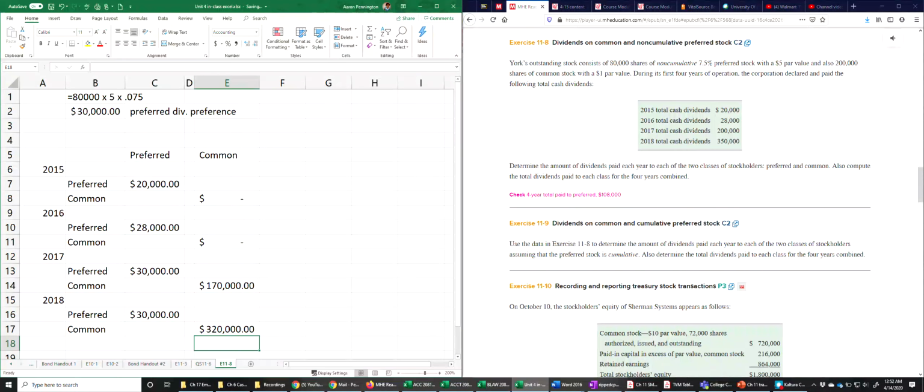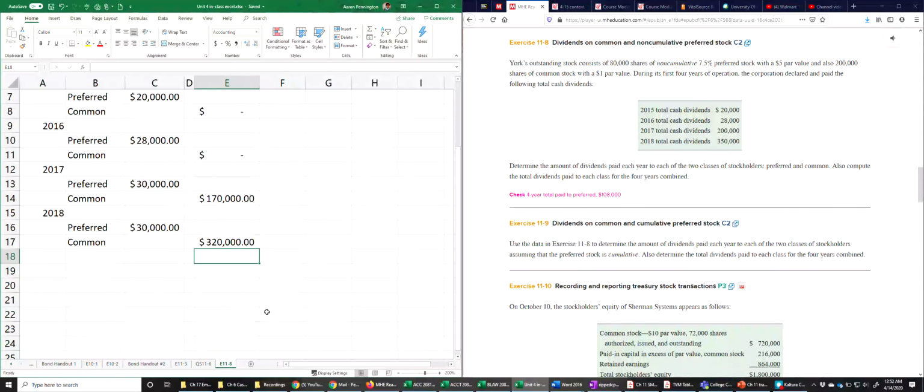It also asks for a total for all of the 4 years, so we can do that.